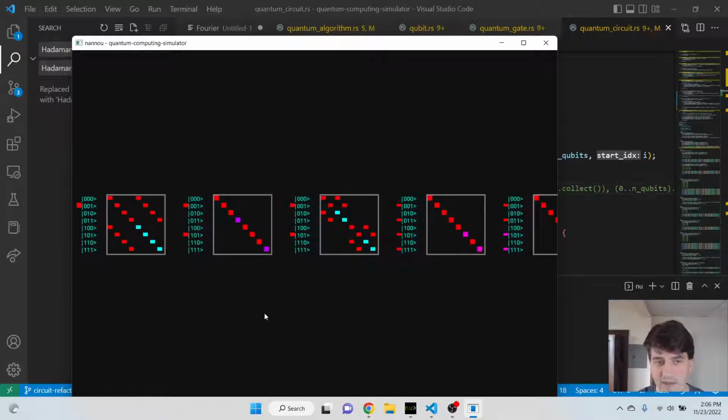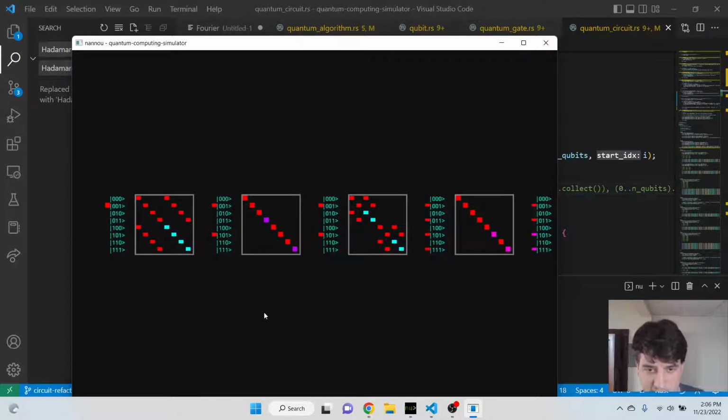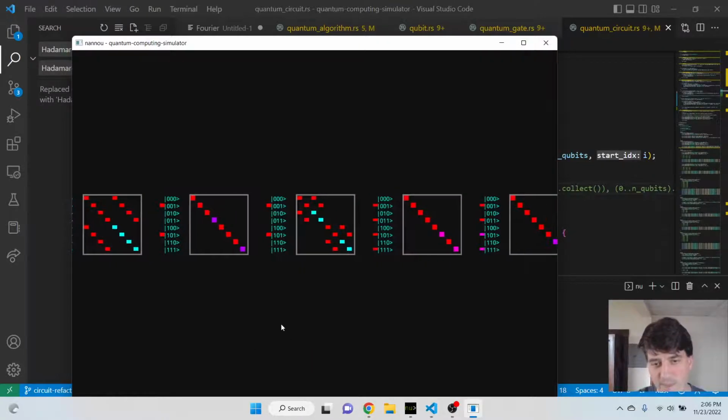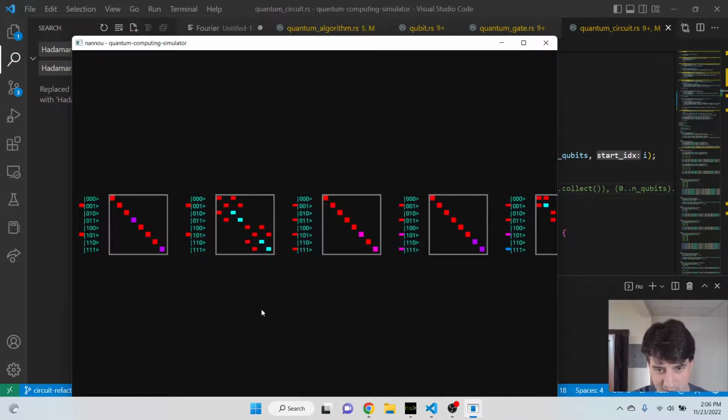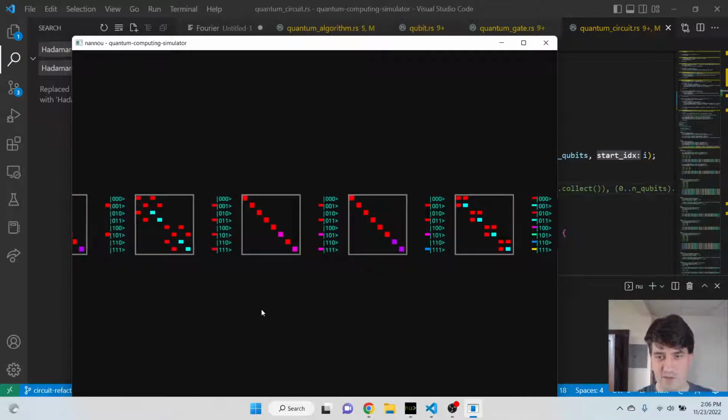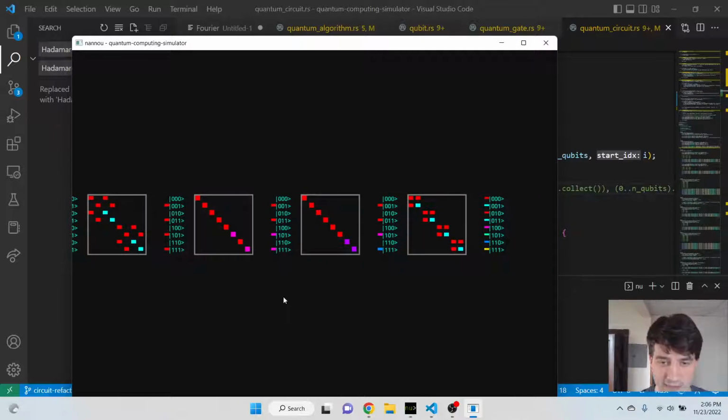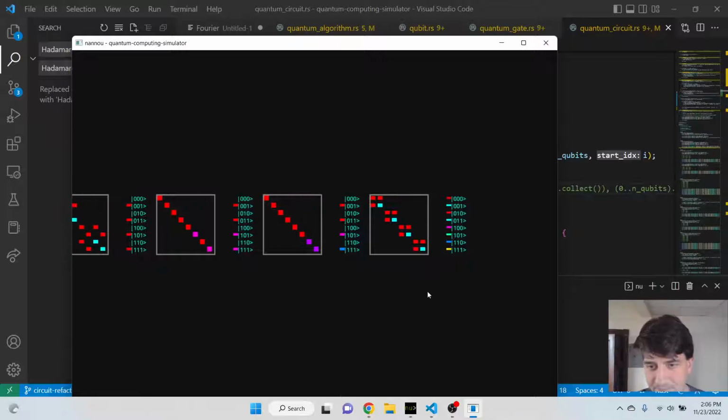And we continue. We're trying to implement the inverse quantum Fourier transform. We already did a regular Fourier transform, and previously I just inverted it, but it turns out to be very, very slow when we do big circuits. So now we're directly implementing the inverse quantum Fourier transform, which creates this pretty colored thing at the end.